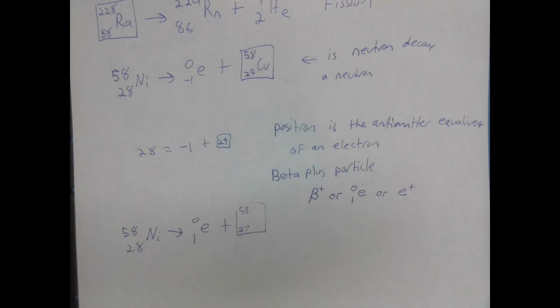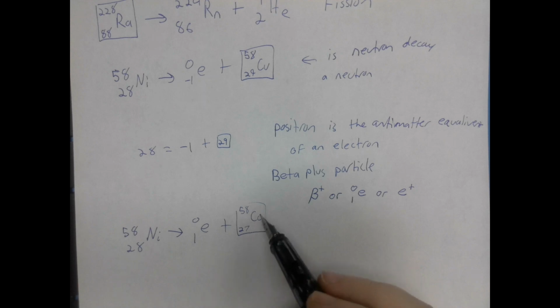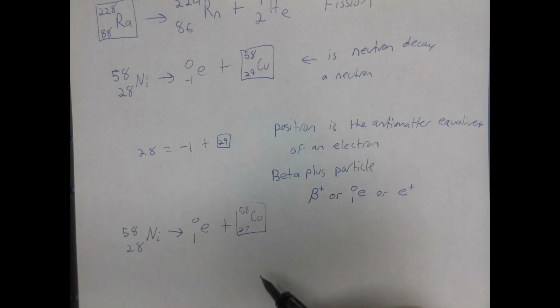Looking up at the periodic table, 27 corresponds to cobalt. And whenever things decay, what they decay into could also be unstable. If this is unstable, then this will decay into something else, and it'll keep decaying until it reaches some stable isotope.